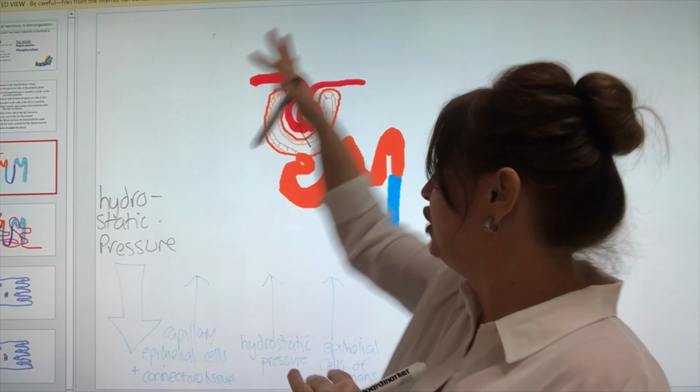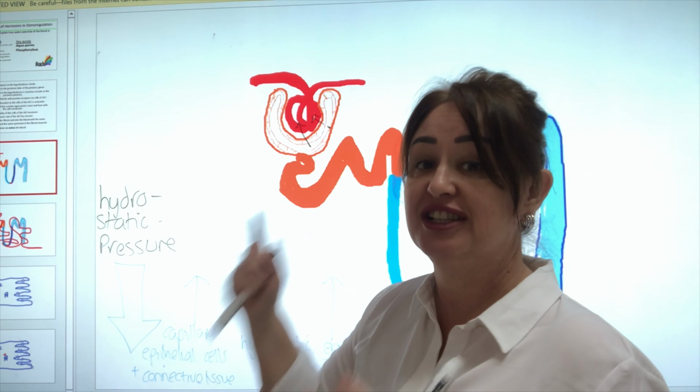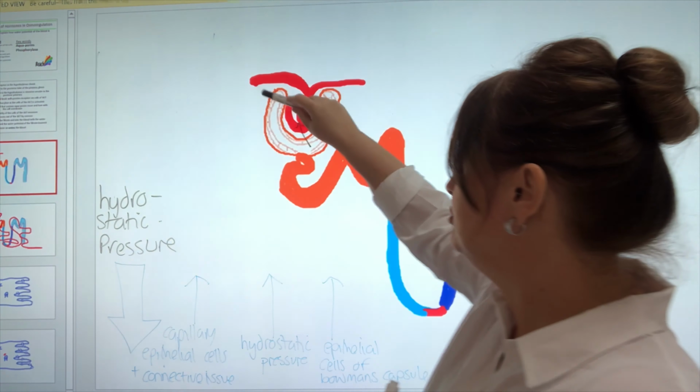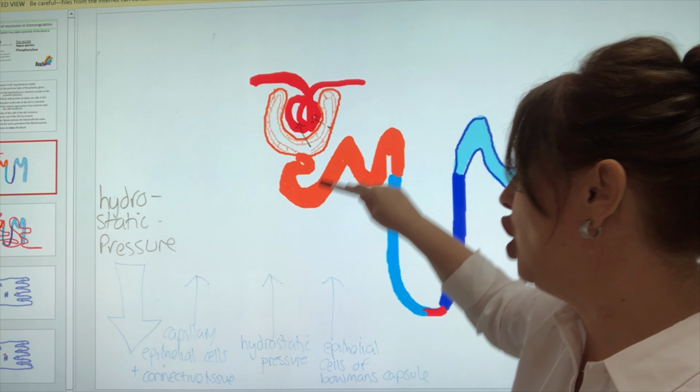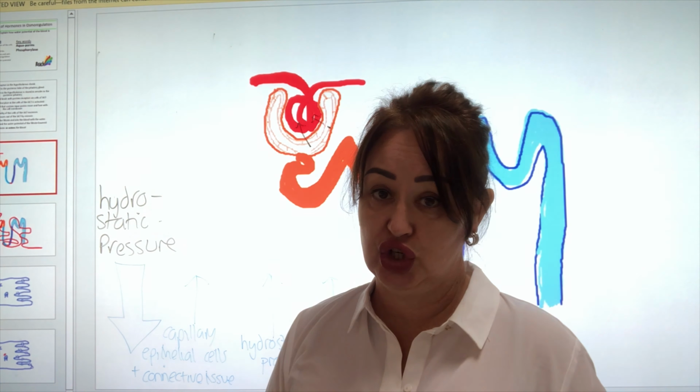Of course, the whole thing is so powerful and it's so fast, it doesn't really get much of a chance to do that before the filtrate is moved on through this proximal convoluted tubule.